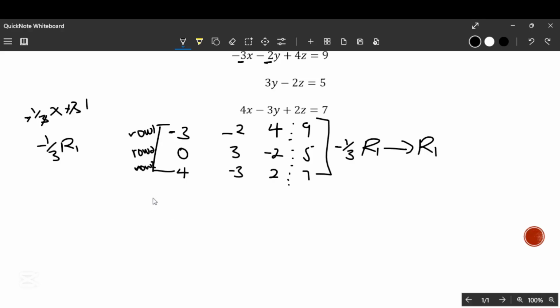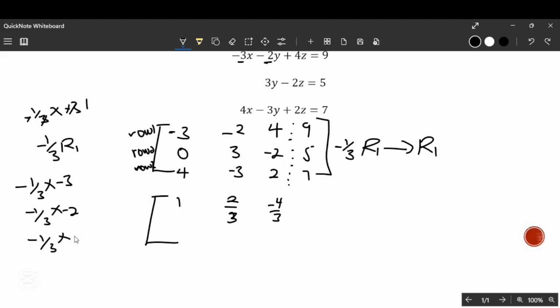So -1 on 3 times -3 gives us, so now the augmented matrix becomes, here will become +1. Then -1 out of 3 times -2 gives you +2 on 3, as well as this one to give us -4 on 3. -1 on 3 times 9 gives us -3.